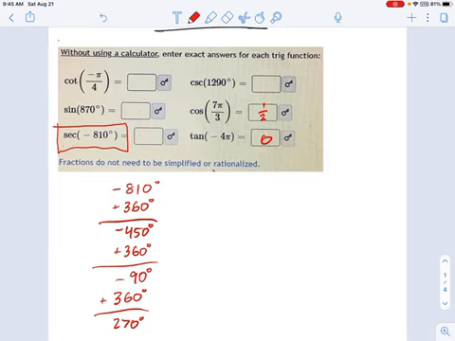Okay, so visually, just a reminder, what I'm doing here is I'm saying, let's see, negative 810, huh? Let's see, 360, that's 720, so this looks like, there we go. That's negative 810 degrees.